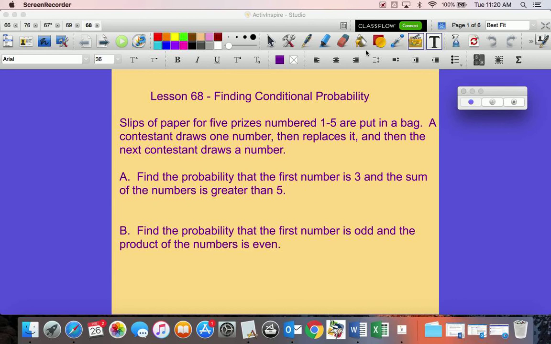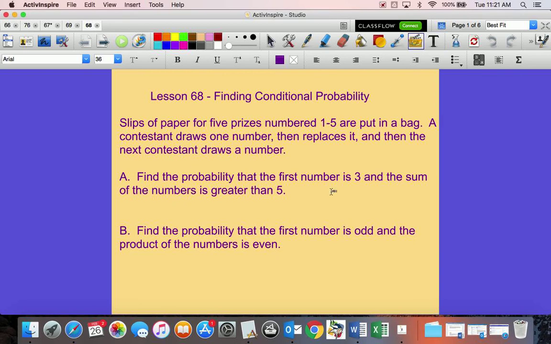So what we have to figure out here is what is the probability that the first number is a 3? Well, there is one 3 out of 5, so the probability of the first one would be 1/5.